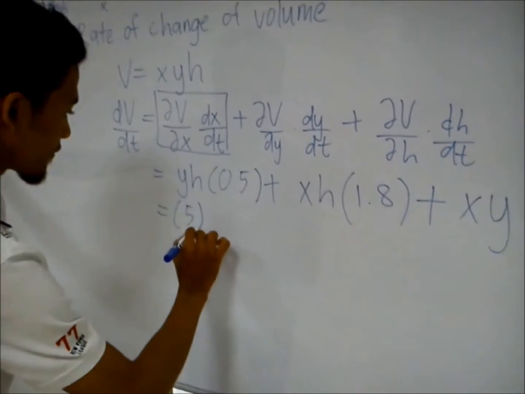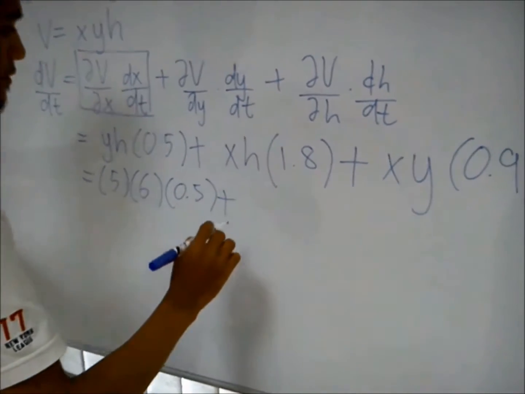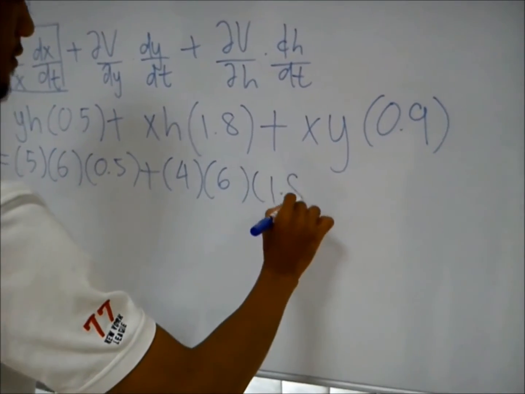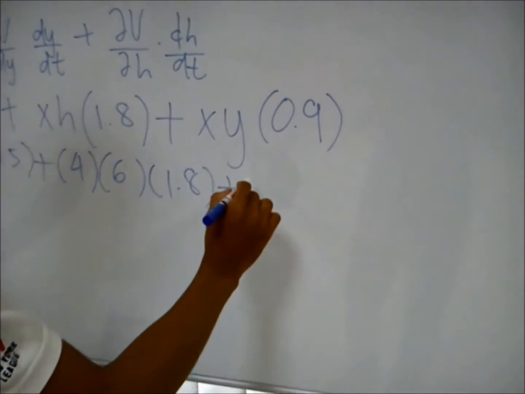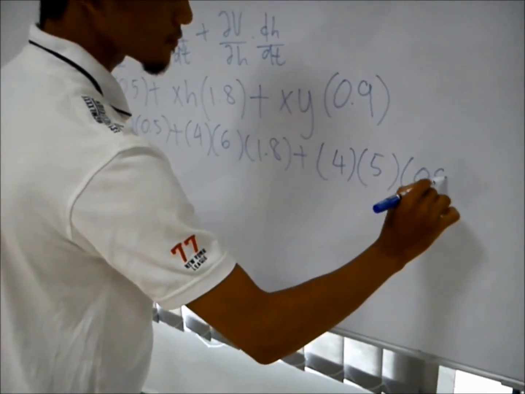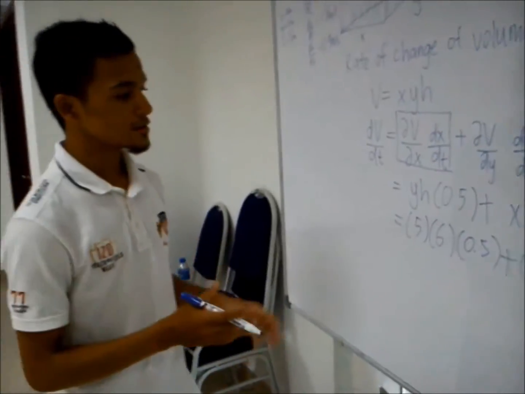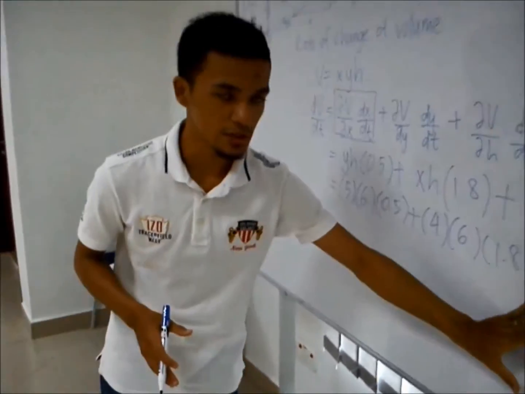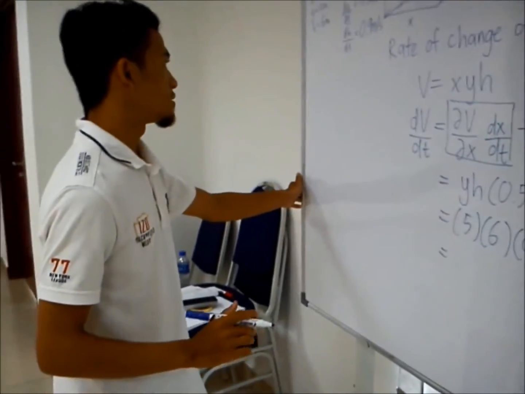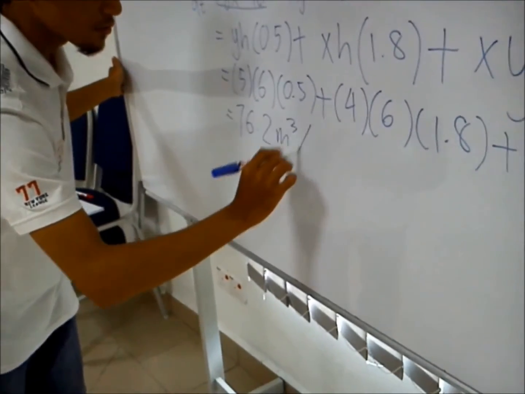So this is 5, 6 times 0.5 plus 4 times 6 multiplied with 1.8 plus the remaining term. We just need to key in the calculator with the values that we have written on this whiteboard, and we will get the answer of 76.2 meter cube per second.